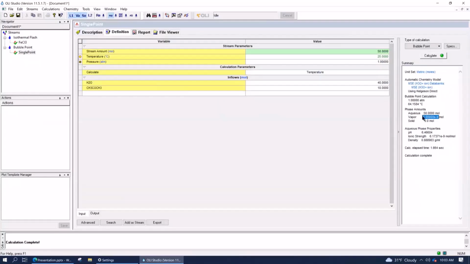It's a little bit more detailed than that. It tells me what temperature I need to have this calculation at in order for this amount of vapor to be present. Okay, so you can see here that this vapor amount is 10 to the minus 10th of the total amount of the system. That's how we calculate a bubble point. We set the vapor liquid ratio to 1 over 10 to the 10th.